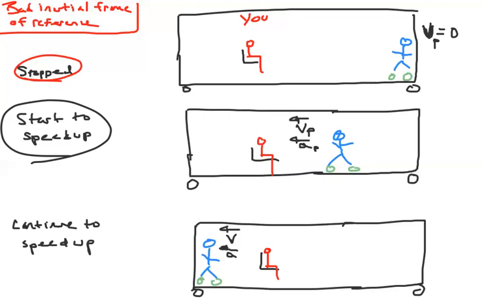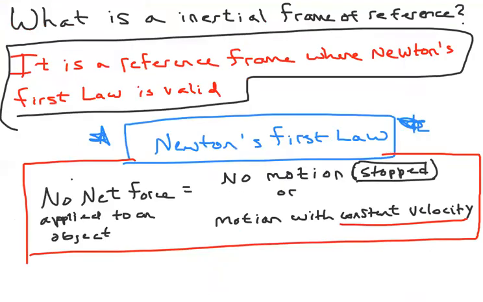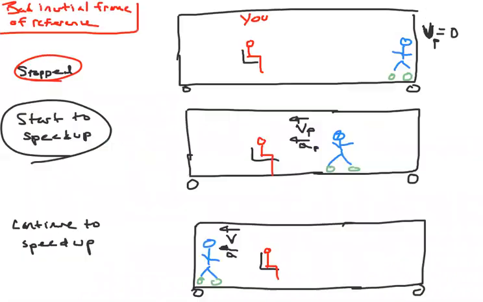Well, if you don't know, you should know Newton's second law: if an object's speeding up, it has a net force applied to it. And we can kind of infer that from Newton's first law. If Newton's first law says that with no net force the object should be stopped or at constant velocity, then if an object's speeding up, slowing down, or changing direction, there must be a net force on it, right?